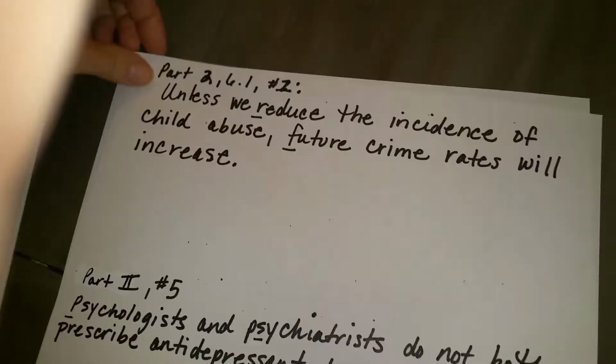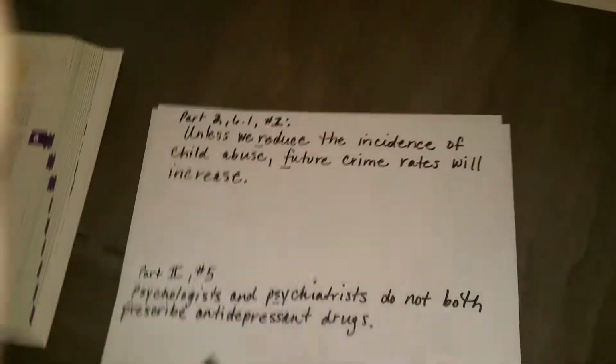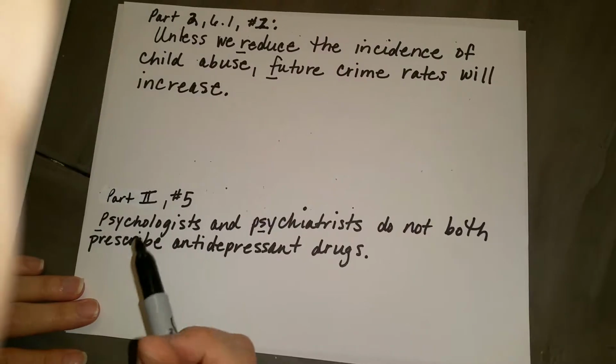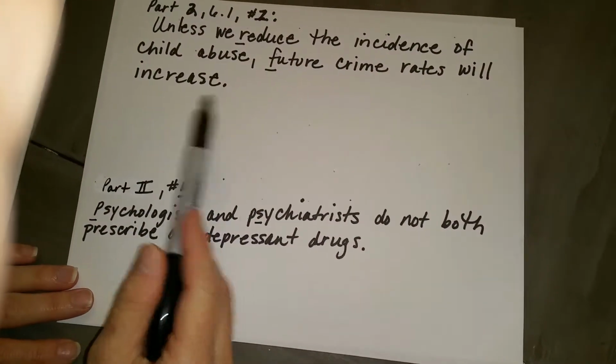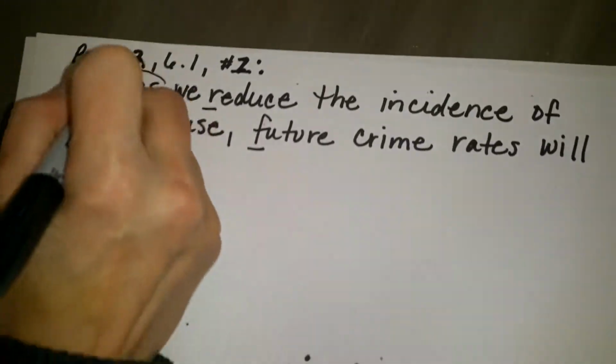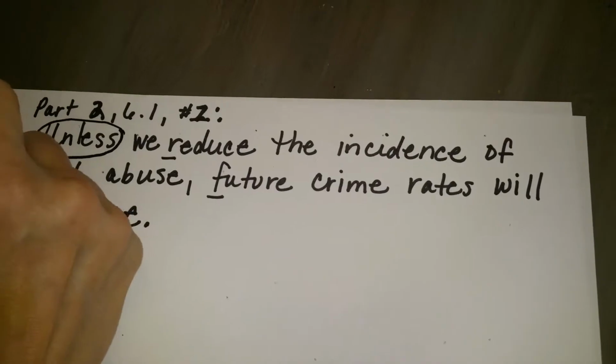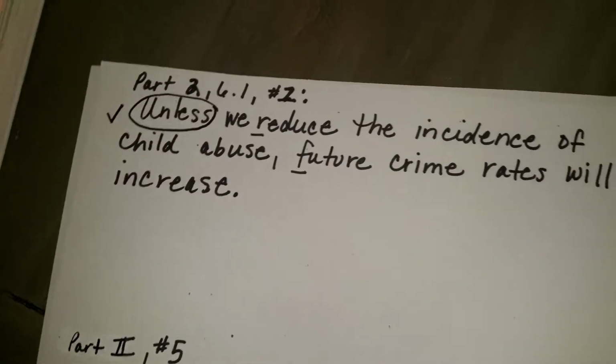This one is in part 2. It's another simple statement, but a nice one to take a look at. It says, unless we reduce the incidence of child abuse, future crime rates will increase. Unless is your indicator, and it tells you that you're going to have the wedge or disjunction.